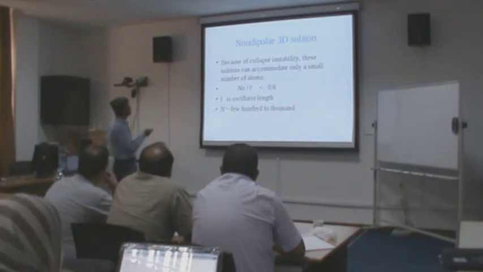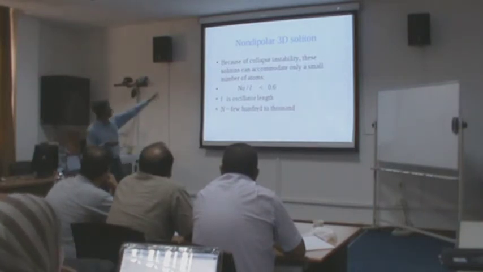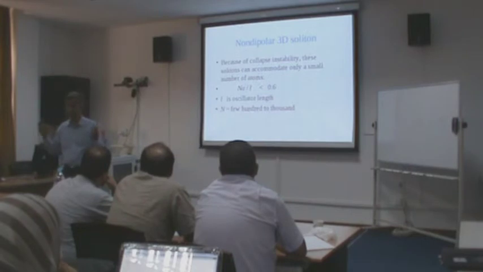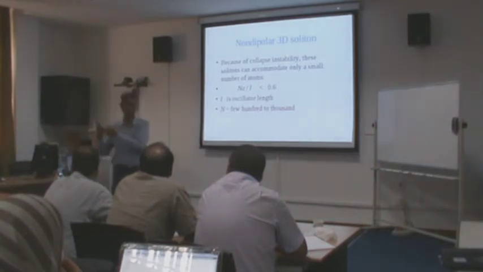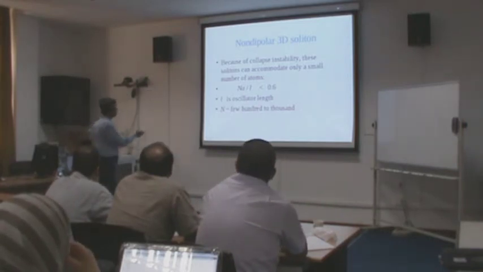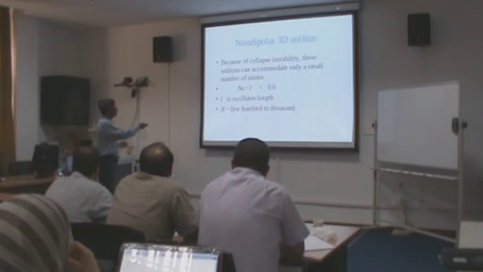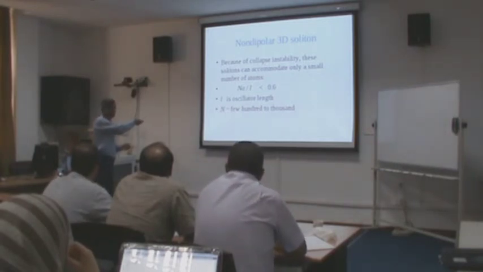So, non-dipolar 3D solitons. What happens is that the atomic attraction is the only potential, which is the short range delta function potential. If it is strong, it can make a soliton, provided you put a trap in the perpendicular direction, so it can move in one direction. But the number of atoms is very small. This law is satisfied when we have a solution of the equation.